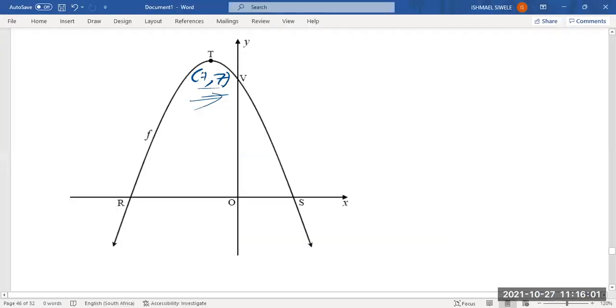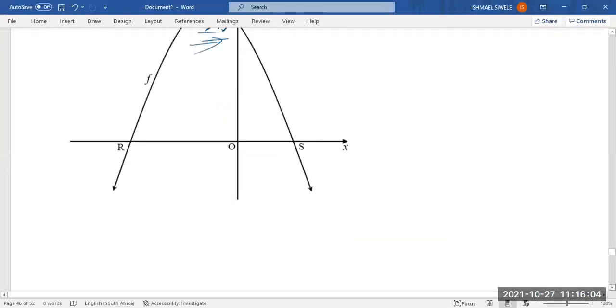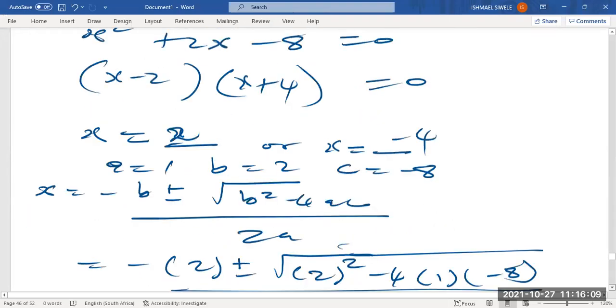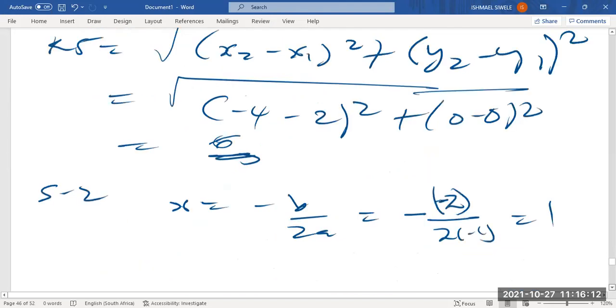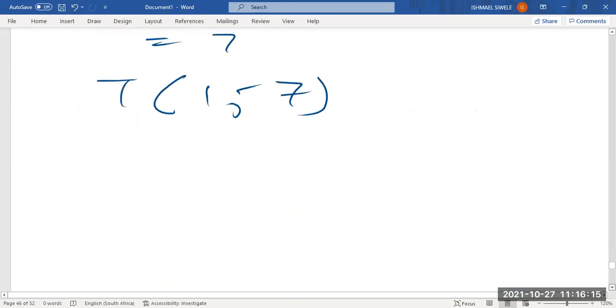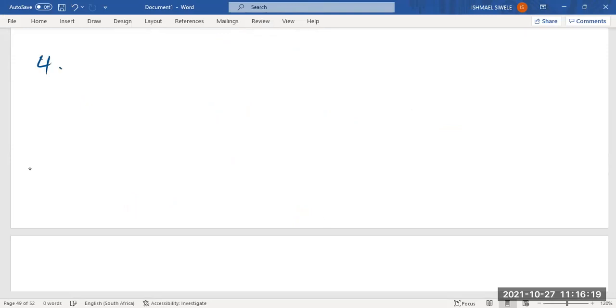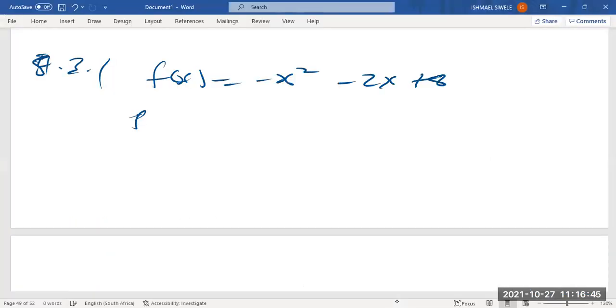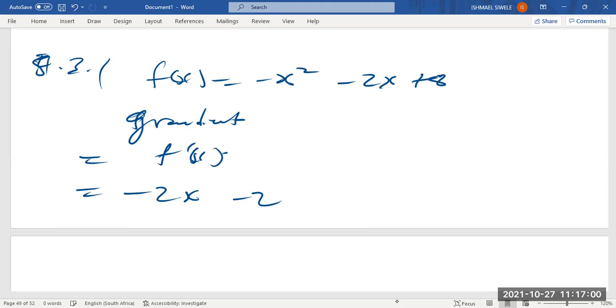The gradient, what do you know about gradient? We know that the gradient is found through derivatives, right? So we must do derivatives here. This is for 5.3. f of x is equal to negative x squared minus 2x plus 8, right? So if we derive, we get f prime of x, and this is equal to negative 2x minus 2, right?